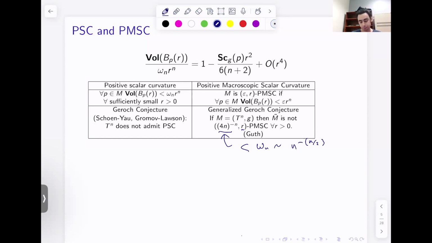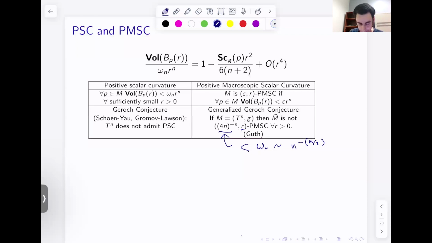If you could prove a result like that with a constant equal to the volume of the unit ball, as conjectured by Gromov, that would be a very strong result. It would in particular imply the usual torus conjecture, but on all scales: you can always find a ball of any radius whose volume is greater than the volume of the Euclidean ball. Interestingly, this sharp generalized conjecture is open even in dimension 2.